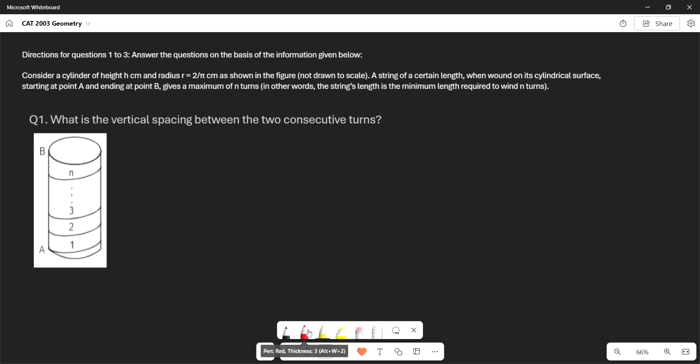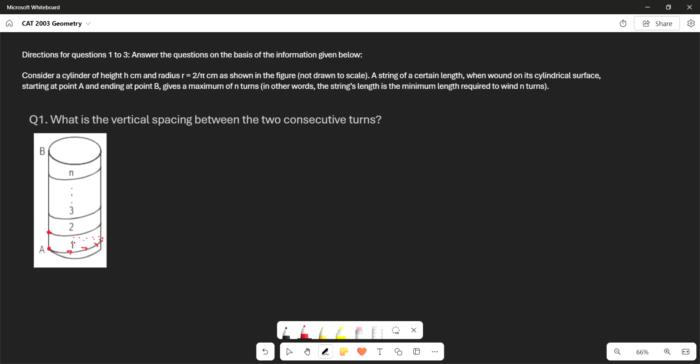Okay, this is the starting point, right? From here you will go here, and from here you will reach here, right?